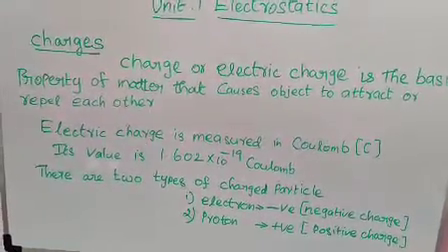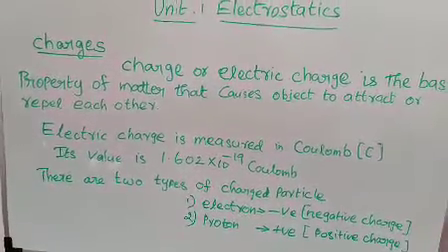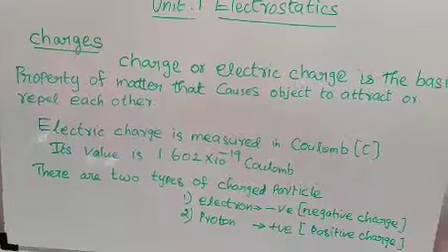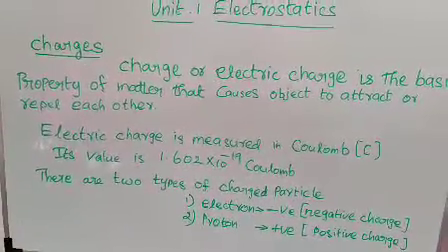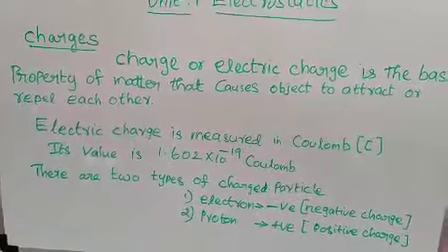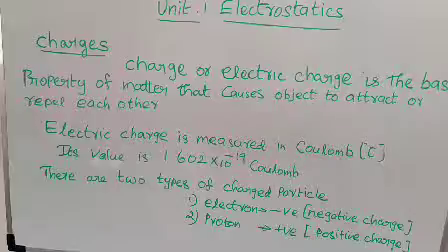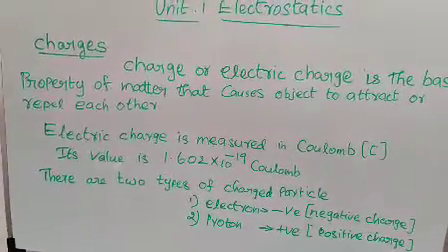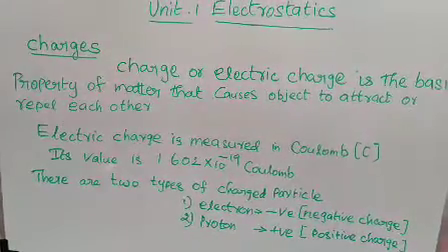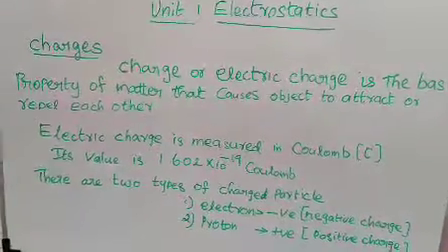There are three types of basic particles: electron, proton, neutron. Electrons have negative charge, protons have positive charge. Both particles have equal charge but in opposite direction.